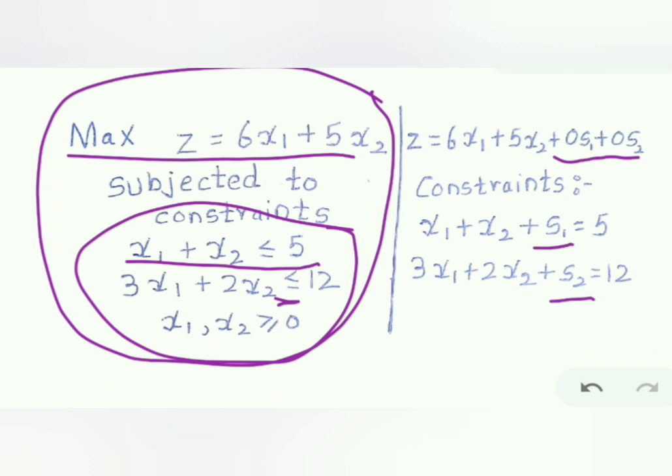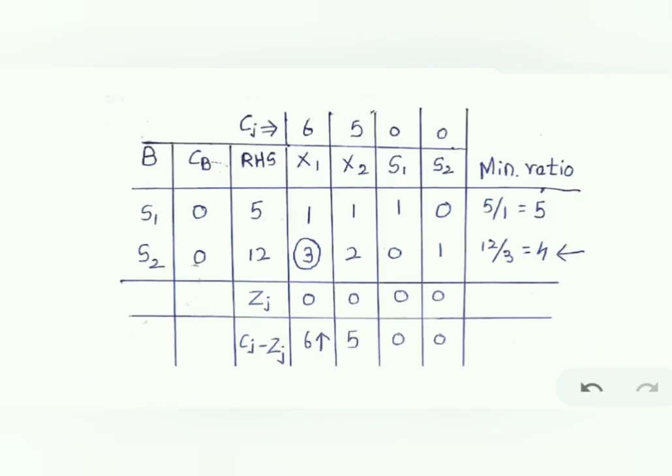Now all these things we are going to write in a tabular format. The most important part starts now, so please concentrate. This is how we need to start with the simplex method. Write this table. This B stands for basis, which contains the basic variables. CB stands for the coefficient of basic variable in the objective function.